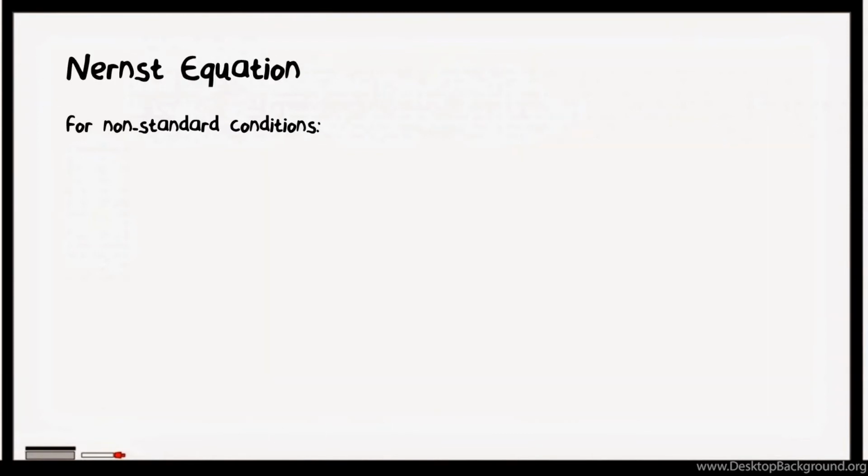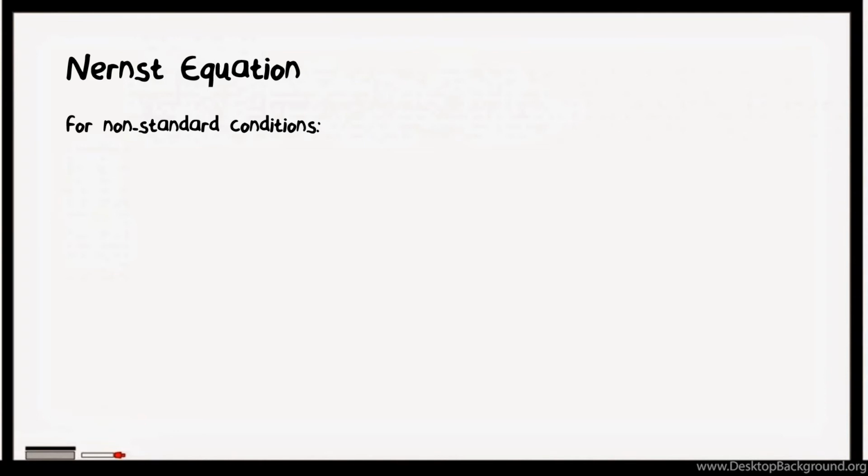And now, let's look at the Nernst equation. So the Nernst equation is something that we use for non-standard conditions, which is almost always the case in our corrosion events, since hindi naman natutupad yung standard conditions in the real world.